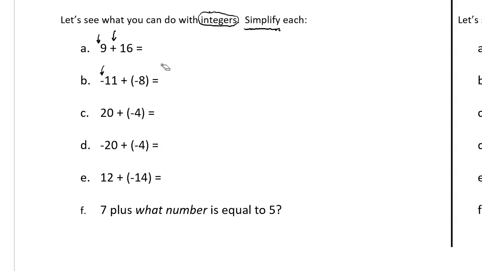So question A, I look at this and I just very quickly know the answer is 25. And maybe you did as well, and maybe you didn't. Maybe you were able to perform some sort of mental work or computing with your fingers or whatever in order to get that answer of 25. But regardless, to get the answer of 25, you had to identify that the first number was 9, that the second number was 16, and that the operation is to add them. 9 plus 16 is equal to 25.